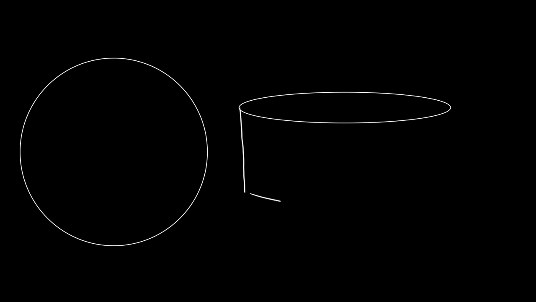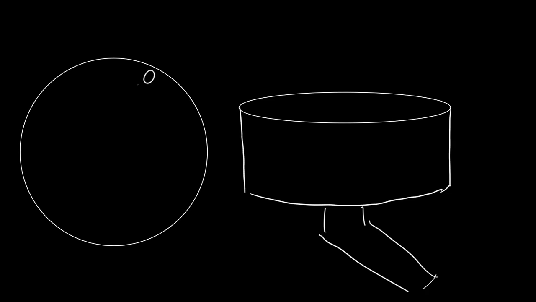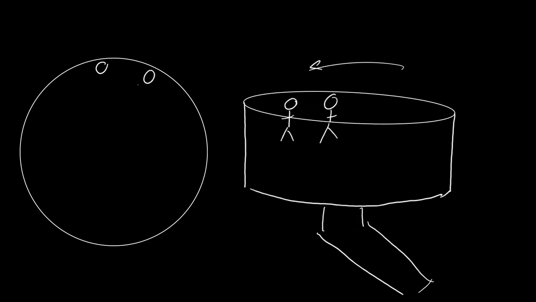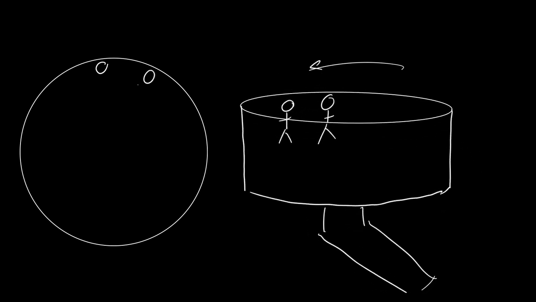Oh, teacups, no. Although teacups are the same kind of idea, where you and your friends are all kind of in here, and the whole thing spins. There's a couple versions of it. There's the one that's all open, and it kind of tilts while it's spinning. You guys know what I'm talking about? You have to go to the fair to see these kinds of things. And then there's the ones that are all inside, and you kind of stick to the wall.